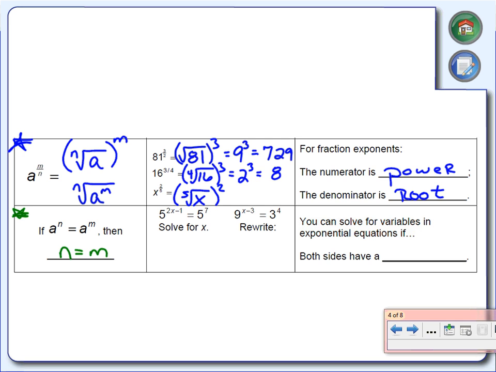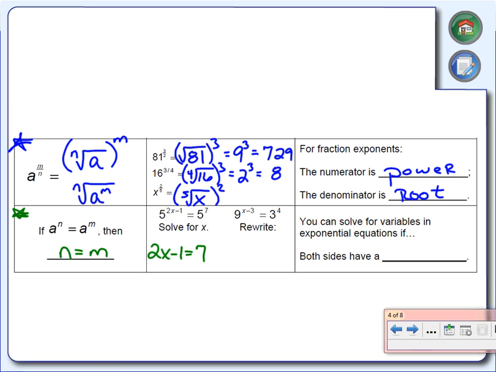So on this example they've given us over here, 5 to the 2x minus 1 power is equal to 5 to the 7th power. Well, if that's true, then the two exponents should be equal. And then of course from there we could solve for x. But I'm going to save that for tomorrow. So don't worry about solving for x. We'll talk more about that tomorrow.